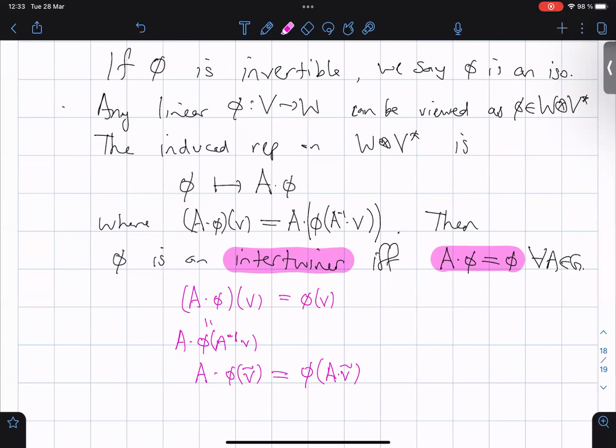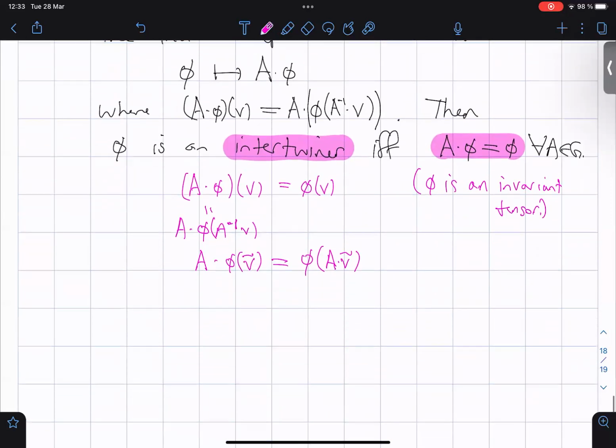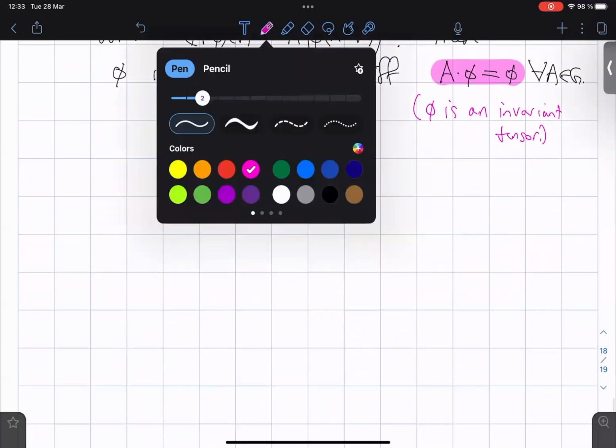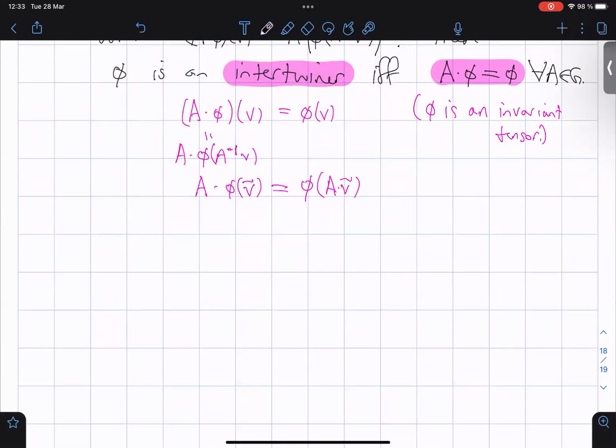So invariant tensors are going to be important. Now let's go to SL2 and make explicit this correspondence between C2 and C2 dual. This is something very special to SL2.